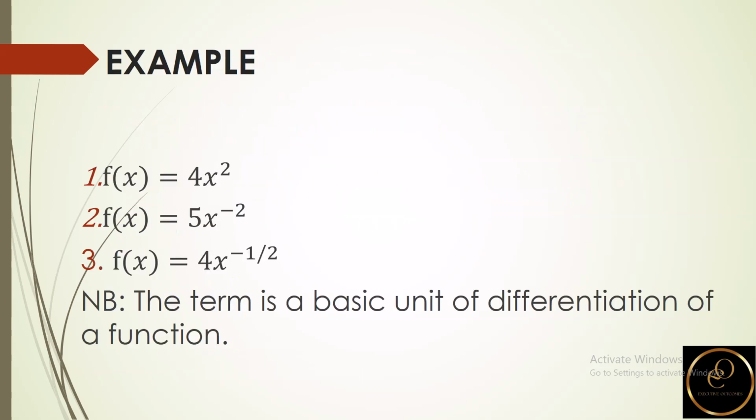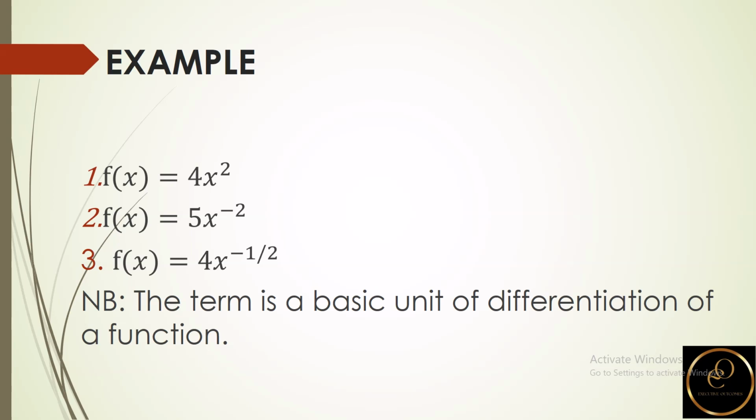Let's look at some examples of functions. The first one is telling you the function of x is equal to 4x raised to power 2. The next one is telling you the function of x is equal to 5x raised to power negative 2.